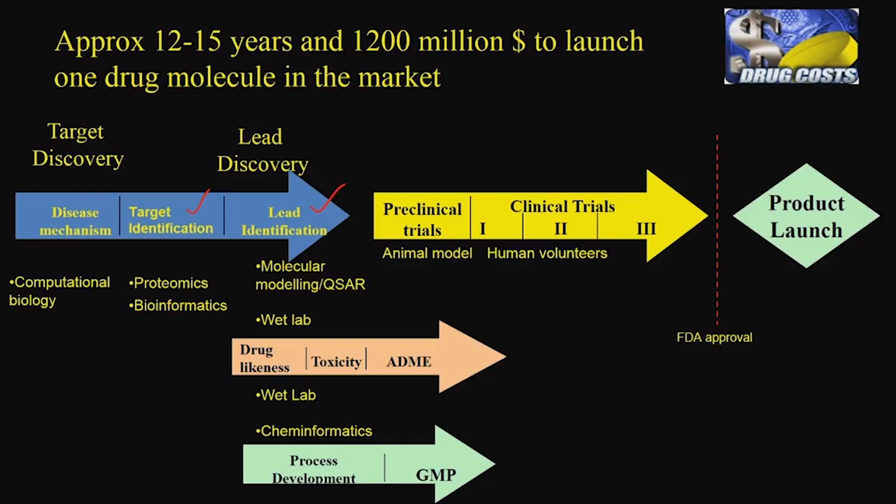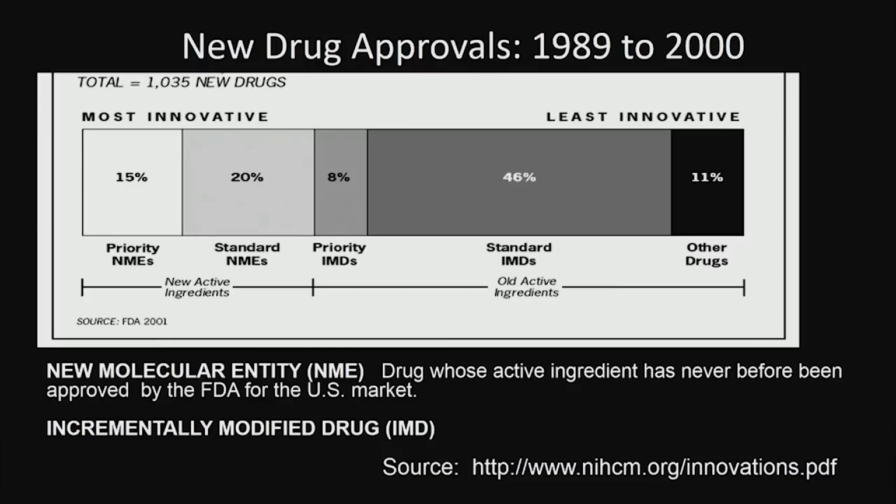So we are going to talk about the various steps involved in target identification and lead identification. And then later on we will talk about the drug likeness property and so on. So if you look at some statistics, 1989 to 2000 statistics, as you can see, NME is new molecular entities, that means totally new species, new compounds which have gone for approval.